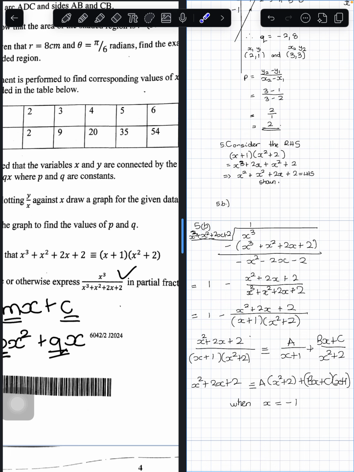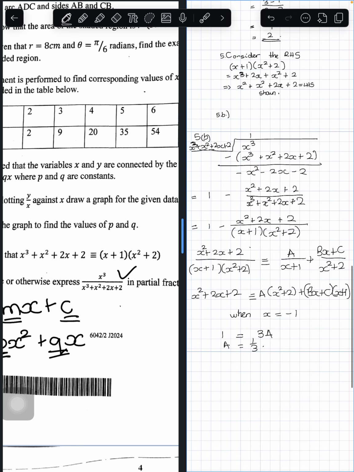Minus 1 squared plus 2 times minus 1 plus 2. On the left hand side, we're left with 1, which is equal to, on the right hand side, 1 squared plus 2, which is 3a. So a is equal to 1 over 3.